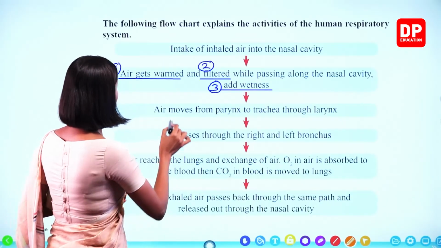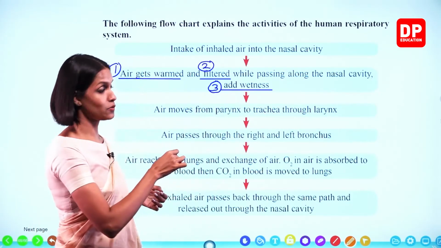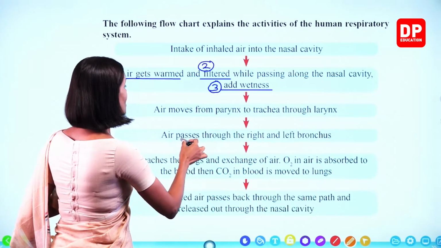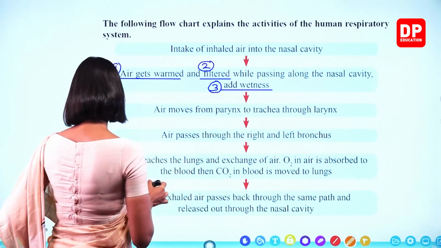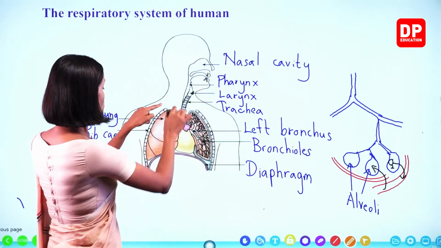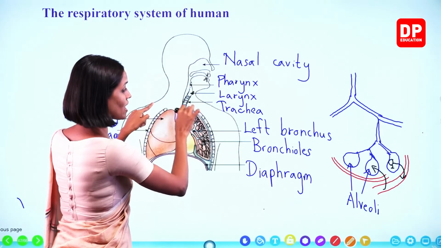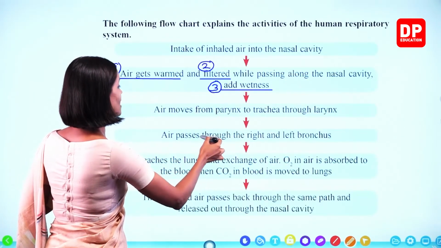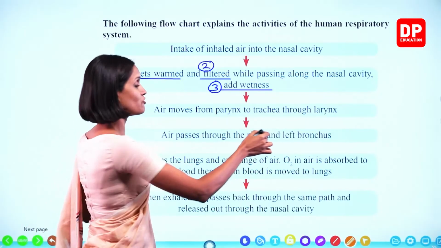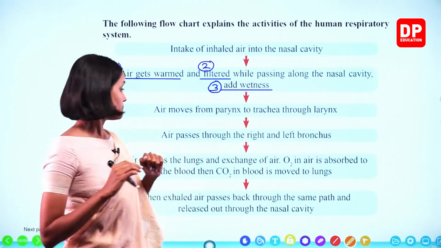Okay? Then what happens? Air passes through the right and left bronchus. Trachea divides into two branches. Those are known as left and right bronchus. Therefore, from trachea, air passes through the right and left bronchus, which means to the right and left sides of the body. Right?